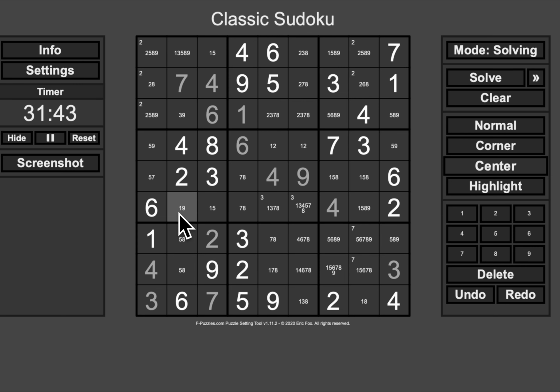This one, by elimination, can only be 1 or 9. Let's see, that's down to 5 or 7. That's down to 5 or 9, but that 5, 9 matches with that 5, 9. Okay.